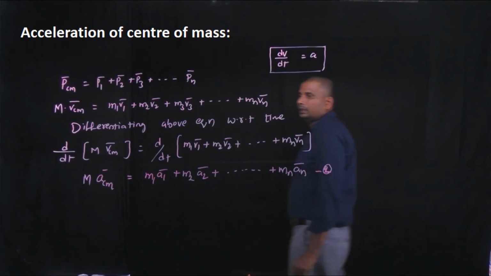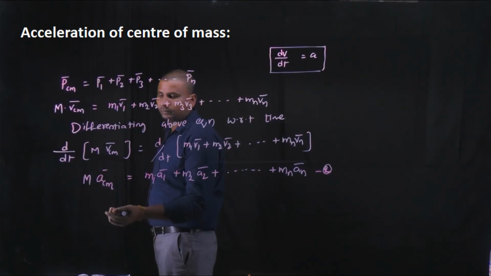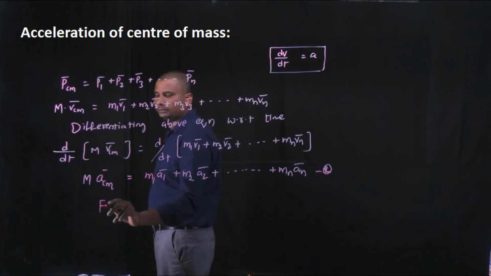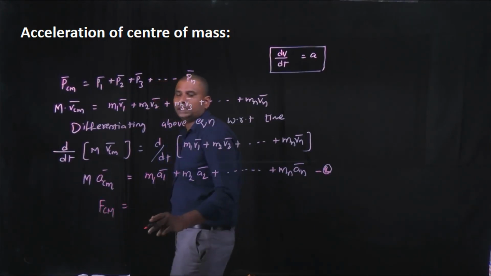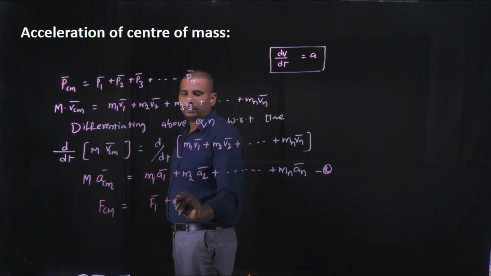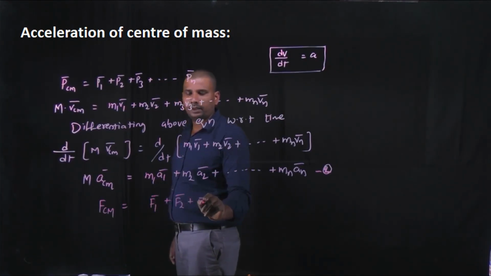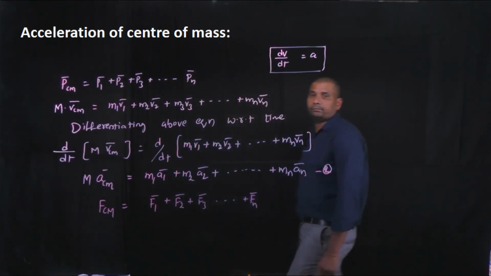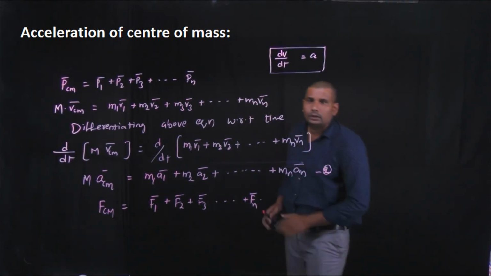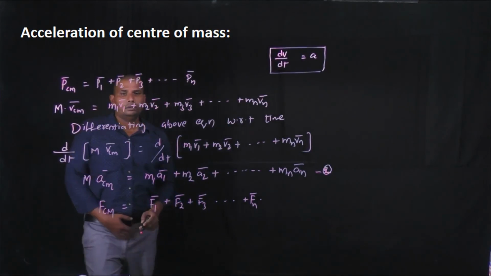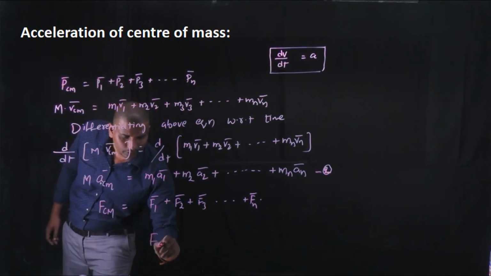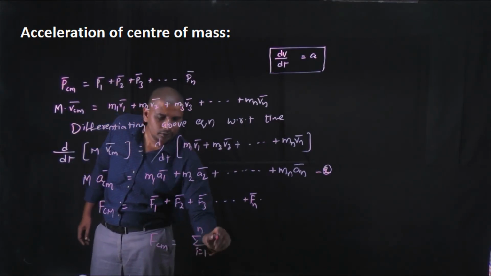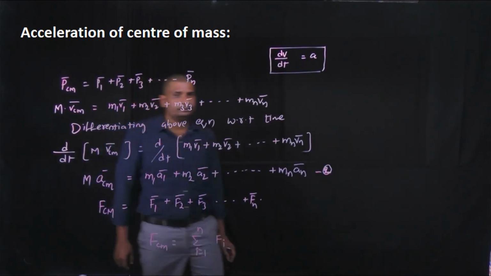Now we already know that from Newton's second law, mass into acceleration is force. The above equation can be written as FCM is equal to F1 bar plus F2 bar plus F3 bar and so on plus Fn bar. This equation can be written in the form of a summation as FCM is equal to the sum from i equals 1 to n of Fi.